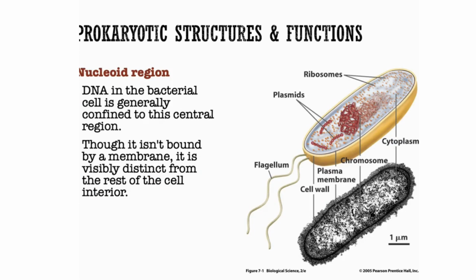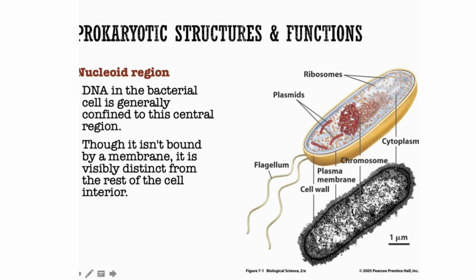So nucleoid region, DNA in the bacterial cell is generally confined to the central region, and though it isn't bound by a membrane, it is visibly distinct from the rest of the interior, as you see here. Chromosome and the plasmids are here, as you can see on the microscopic picture.